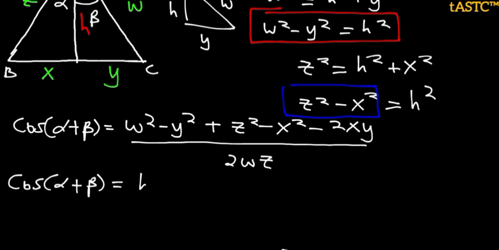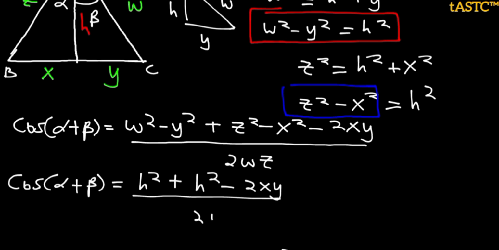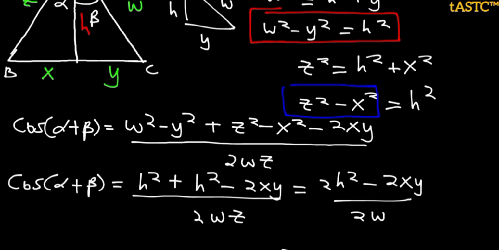That will be equal to h squared, and here we're going to have plus another h squared. And this will be minus 2xy. This is all divided by 2wz. So obviously we know this is going to give us 2h squared minus 2xy, all divided by 2wz.